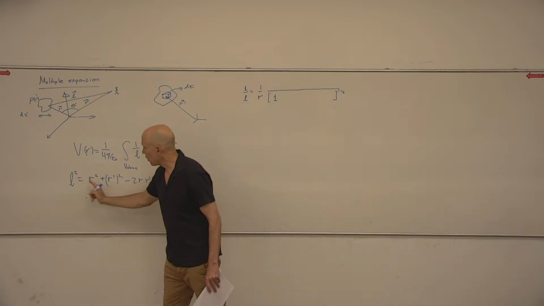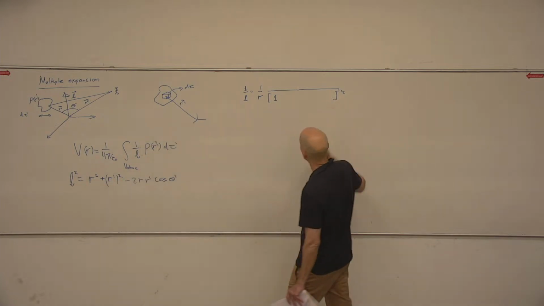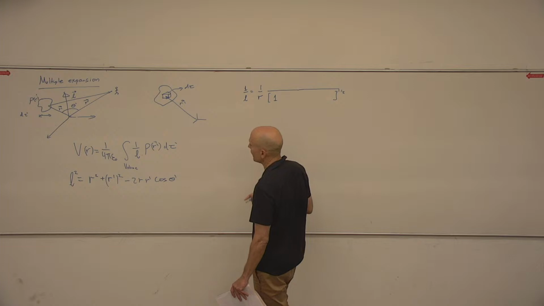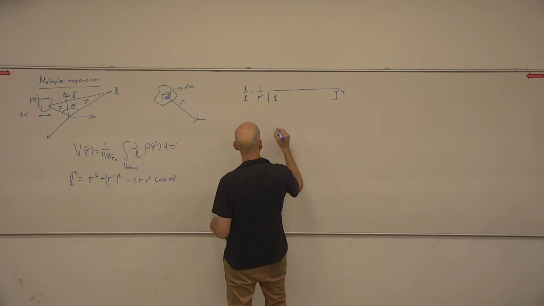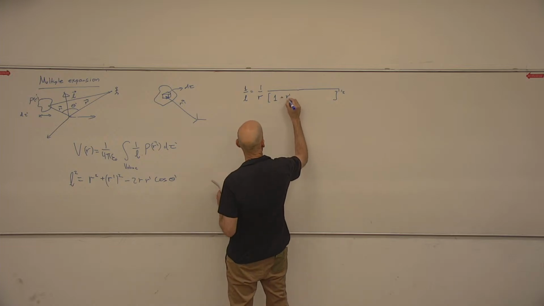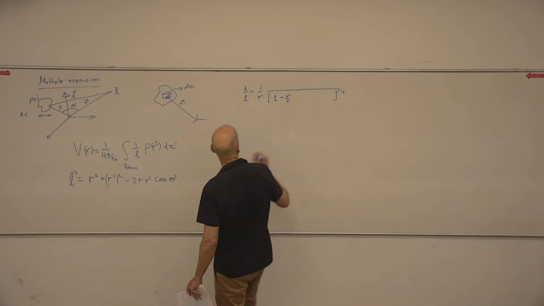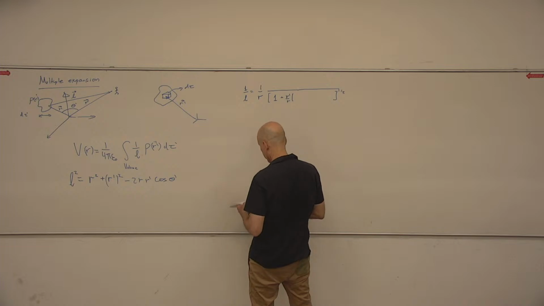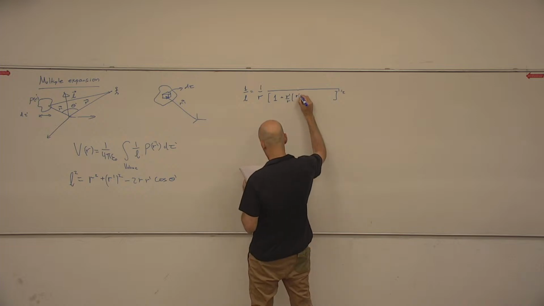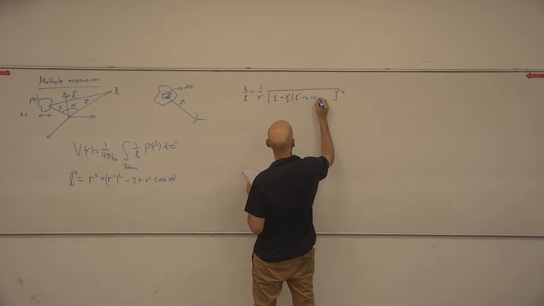I took this 1 outside of this square root. And here I have, I'm going to write it like this, r prime over r, so this term multiplied by r prime over r minus 2 cosine theta.